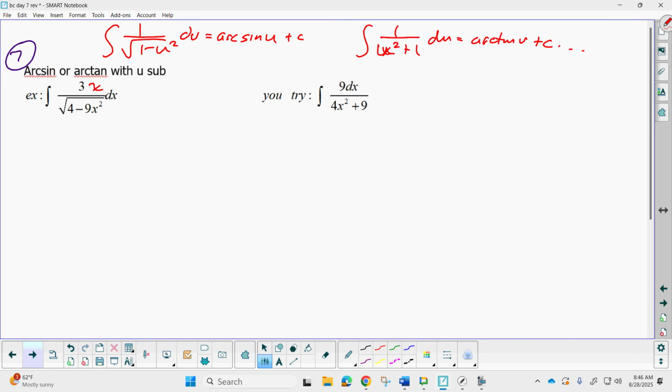What would you do? It's u sub because the power works for the du. But because there's not an x up there, it is not u sub. Instead, it's a totally different approach. It kind of looks like arcsine, but there's a lot of differences. We're going to make it look like arcsine, do a little u sub, make our life easy.